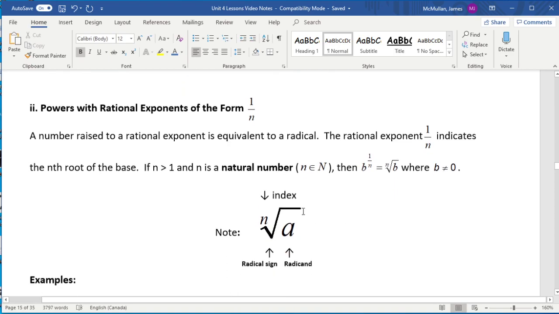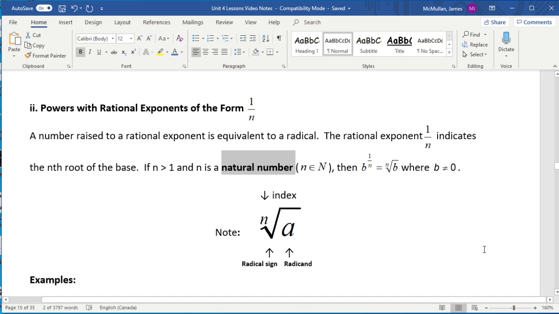So in general, instead of 1/2, let's say it's 1/3, okay? Then what you do is you get the third root, the cube root. If it's 1/4, you get the fourth root. 1/5, you get the fifth root, and so on. Now keep in mind that this number n, which is the denominator of the fraction of your exponent, has to be a natural number. In other words, it has to be positive and non-zero.